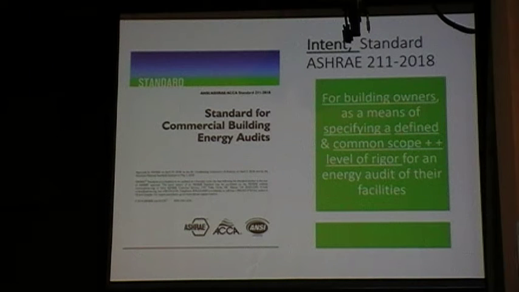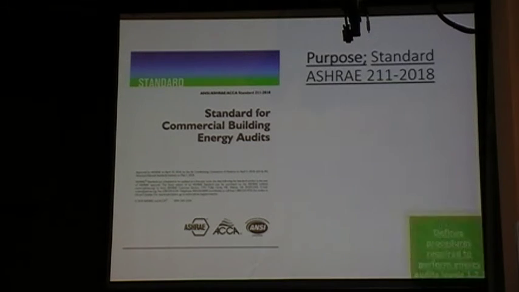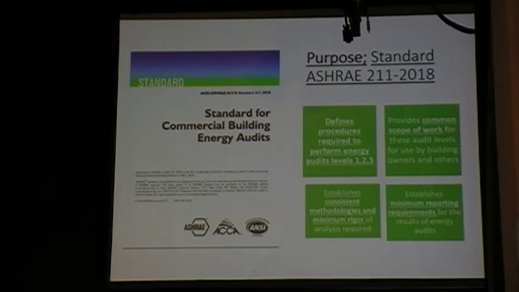The intent of it is for building owners, right? As a means of specifying a defined and common scope and level of rigor for that particular building. Very simply stated, that is the whole intent of this document.